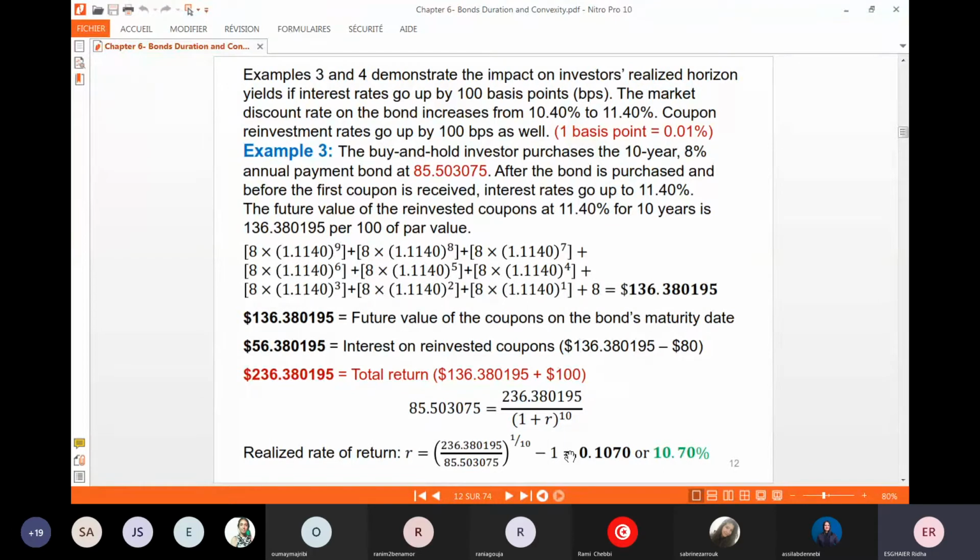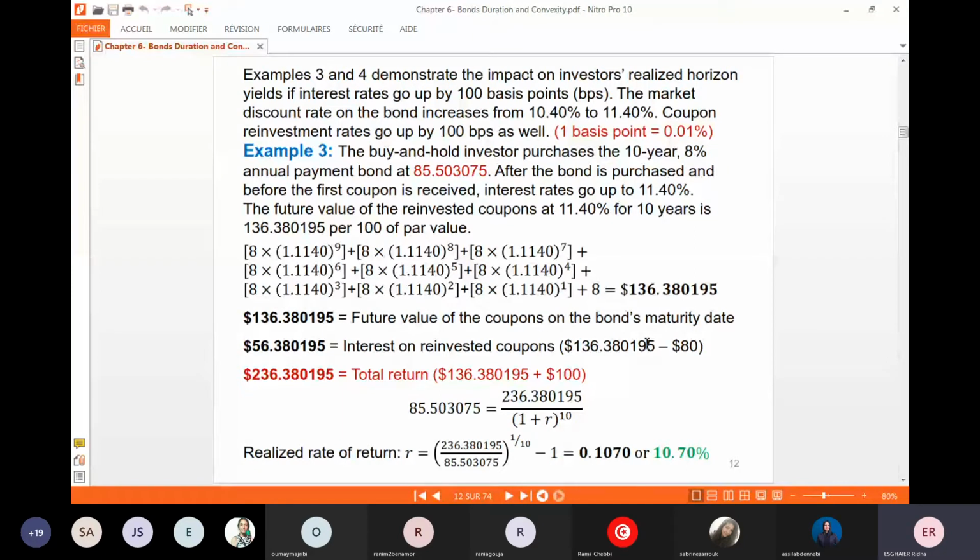He will not sell the bond prior to its maturity, so he will receive 100 regardless of the market interest rates. So the return of investor 1, if the market interest rates increase by 1 percentage point, will increase to 10.7 instead of 10.4.